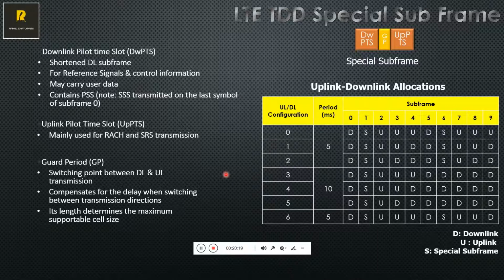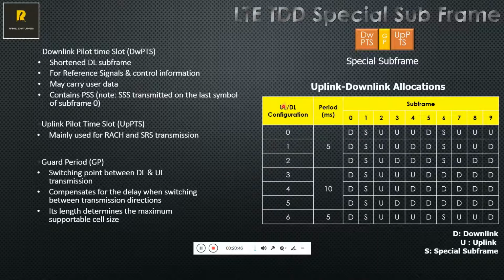The uplink pilot time slot is mainly used for RACH and SRS transmission. About the guard period: it is the switching point between DL and UL transmission, and compensates for the delay between the transmission directions when switching. Its length determines the maximum supportable cell size.